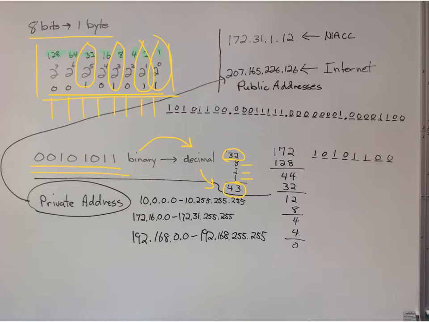So then I asked a student for an address on their computer. So they gave me this address, and then we converted it. And the class did it in groups. One group did this conversion, another group did the 31, another group did 1, that one was pretty easy, and another group did the 12.